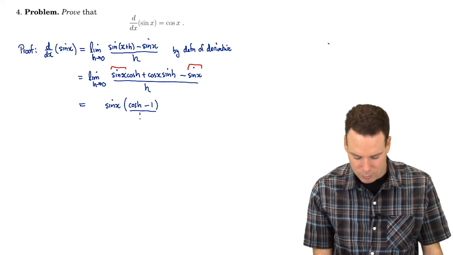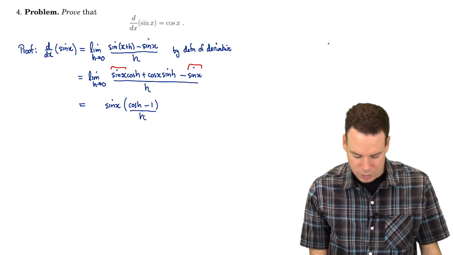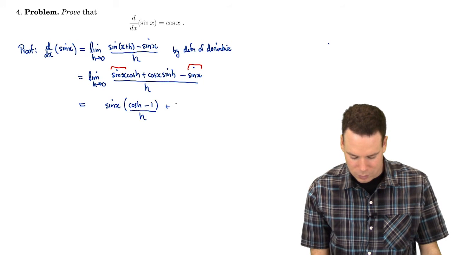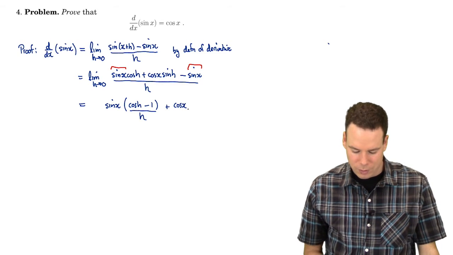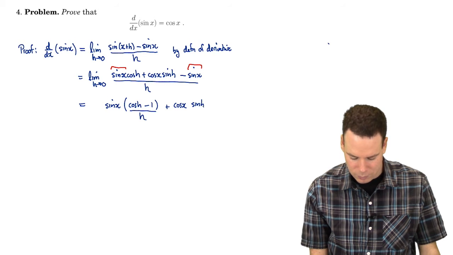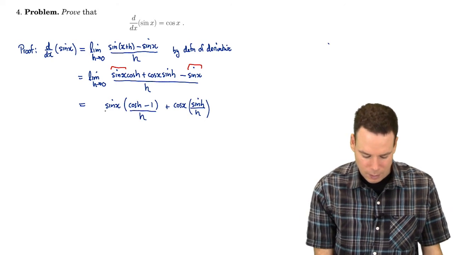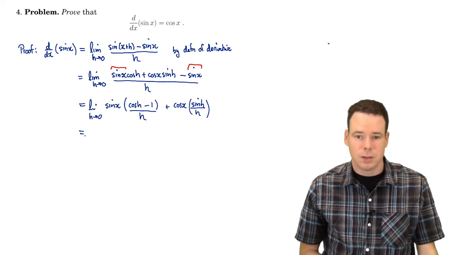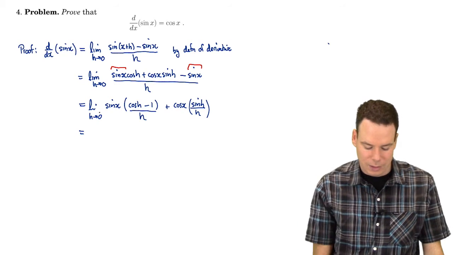There's an h in the bottom, so I've still got an h in the bottom. Then there's this other term here, cosine of x sine of h. That involves something involving x, which I'll bring out front, and then other stuff involving h, which is the sine of h over h. And then all of that, we're taking a limit as h goes to 0.